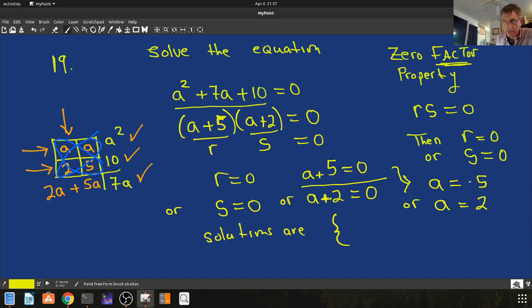So A plus 5, A plus 2. So R is equal to A plus 5. S is equal to A plus 2. So A plus 5 is equal to 0 means A is equal to minus 5. A plus 2 is equal to 0 means A is equal to minus 2. So my solutions are minus 2 and minus 5. And that's the answer.